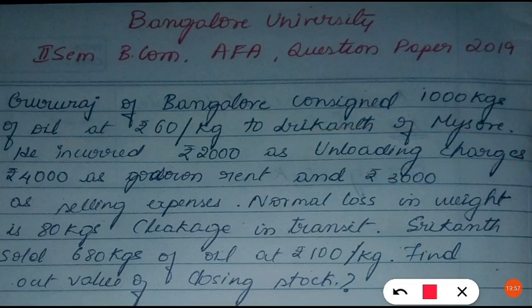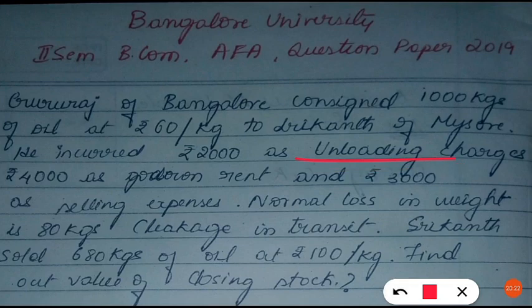Whenever the goods came to his godown, for unloading the goods he is being charged something, that is unloading charges. This is a one-time expense, hence it should be considered, it is a non-recurring expense.